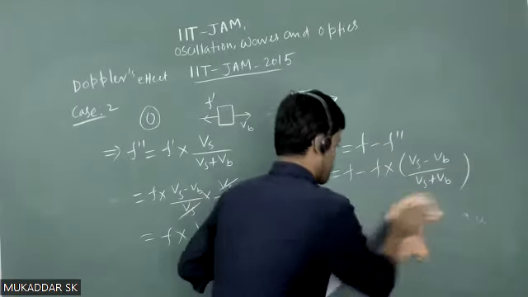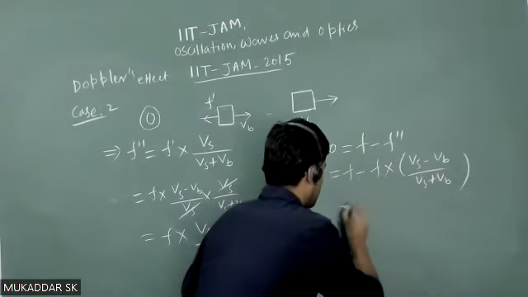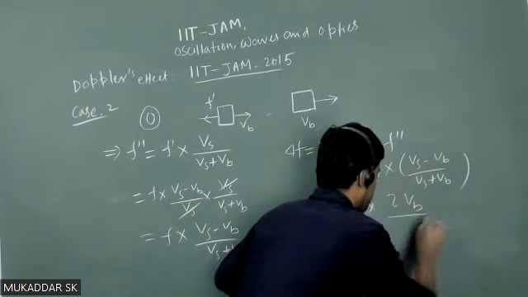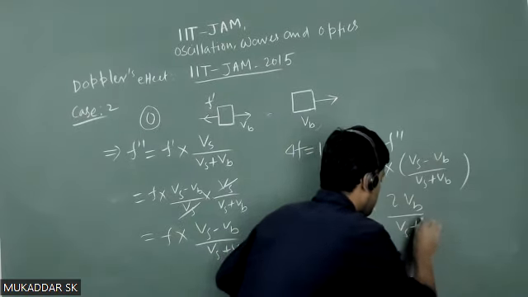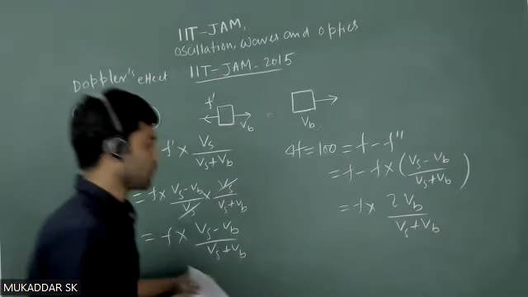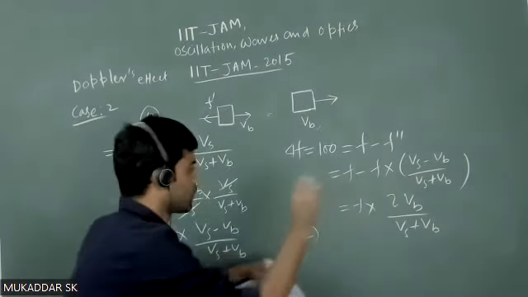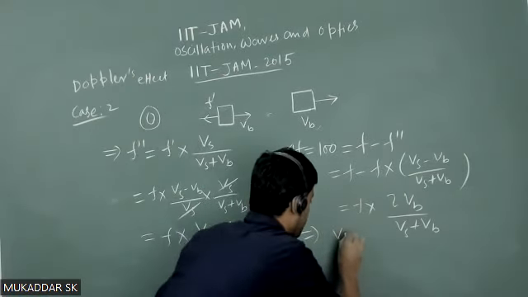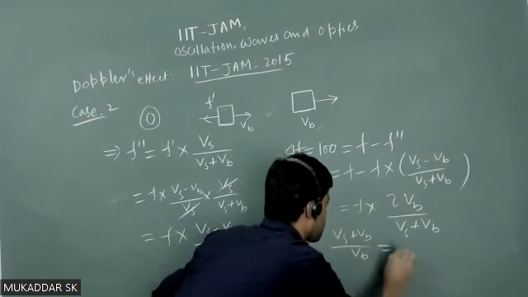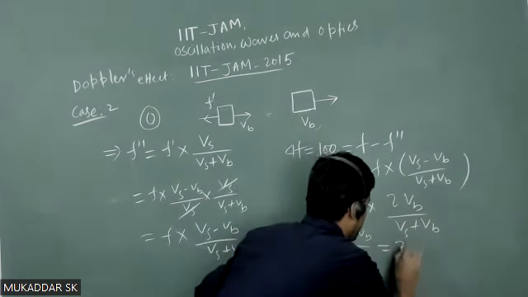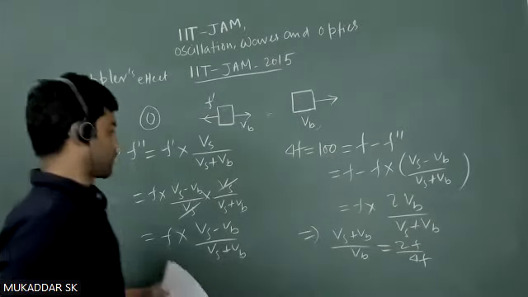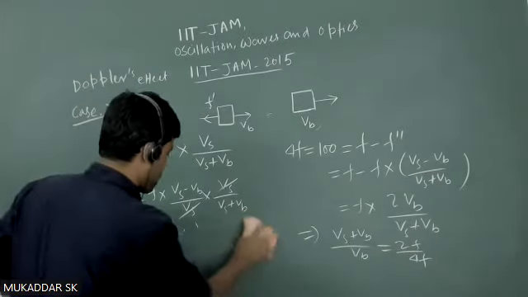If you further rearrange it, you will get f into 2Vb divided by Vs plus Vb. So it means Vs plus Vb divided by Vb will be 2f by delta f.